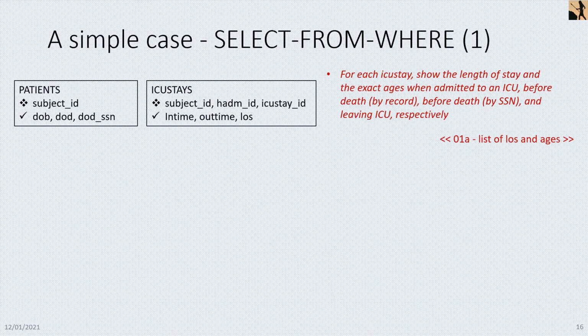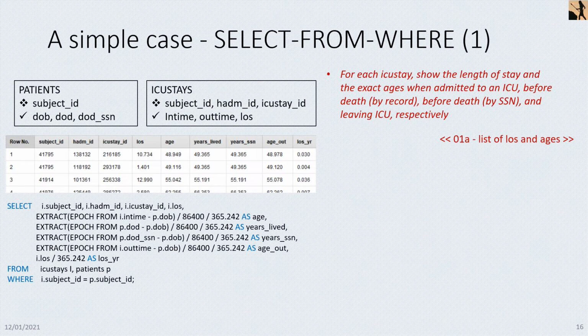For the ICU stays, the key will be subject ID, hospital admission ID and ICU stay ID. They have attributes like when the patient is admitted to the ICU and when they are out, and the length of stay. Length of stay is actually already available and has been calculated, but just for practice purposes, here we will try to calculate it.